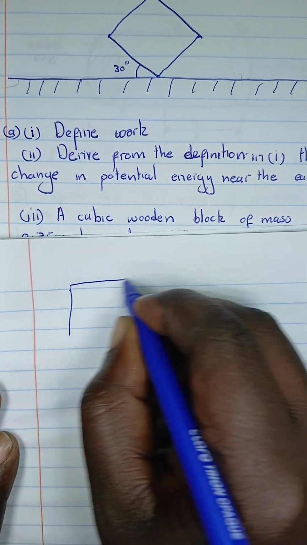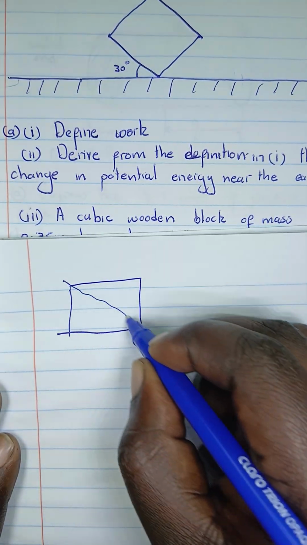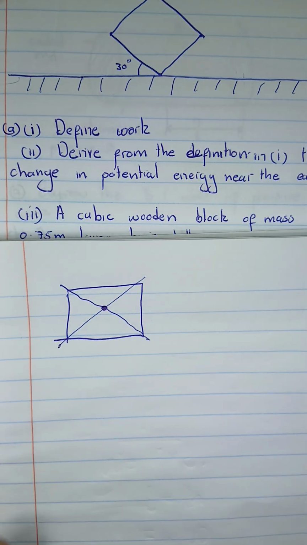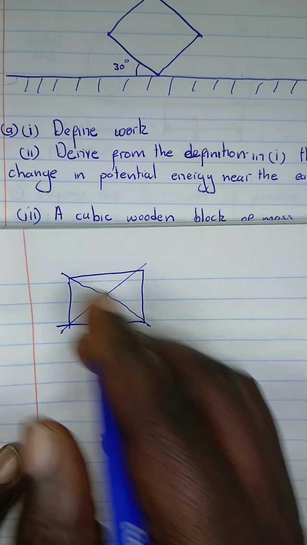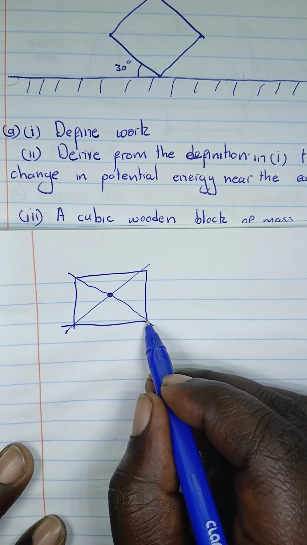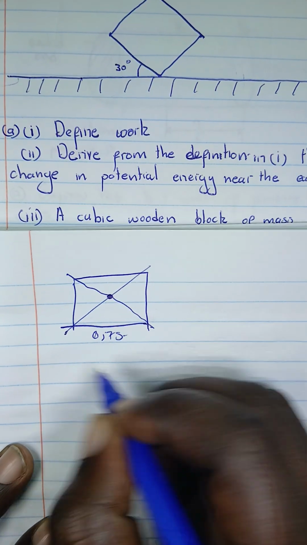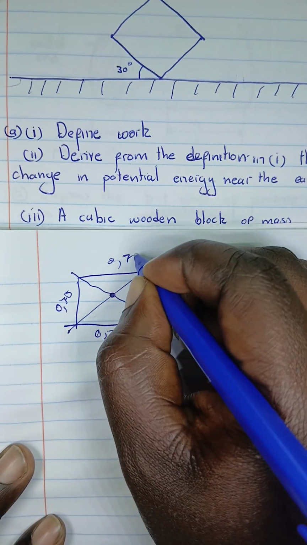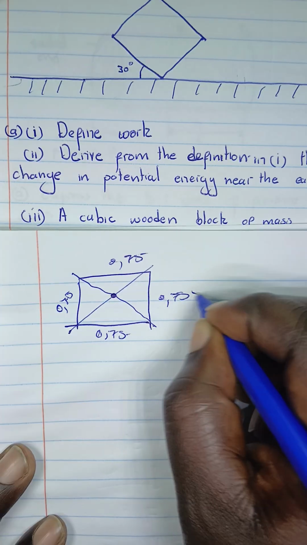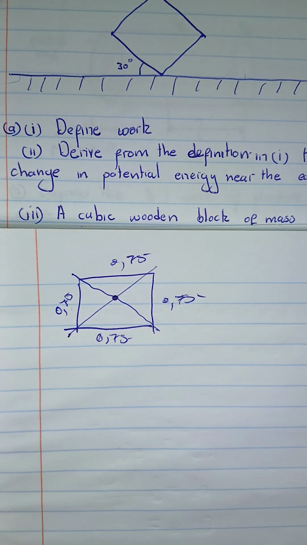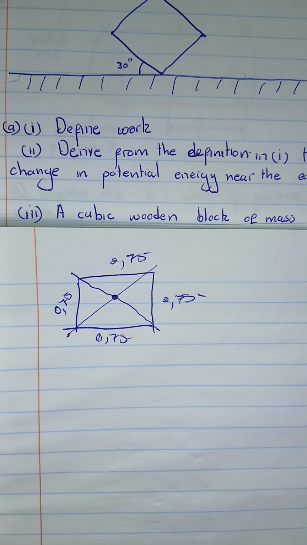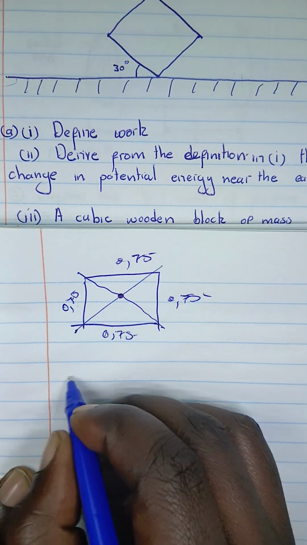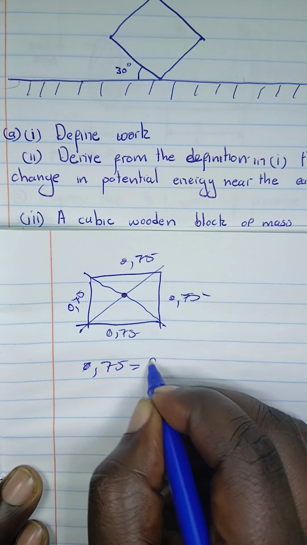When the wooden block was in its initial position, this is the center of mass. Since this is 0.75, this is 0.75, according to Pythagoras, let's just say 0.75 is equal to a.